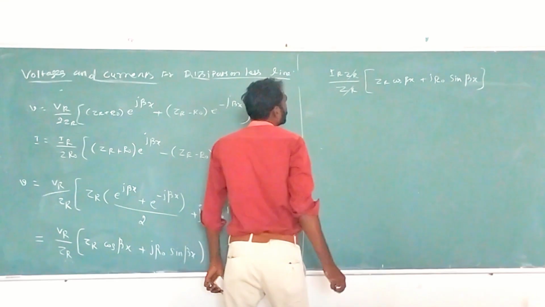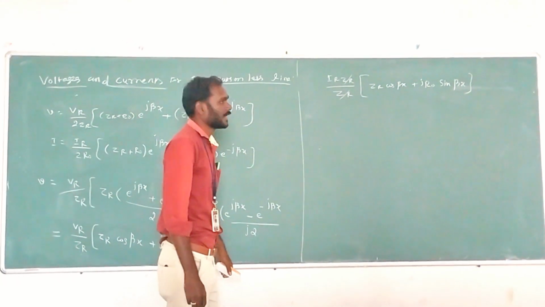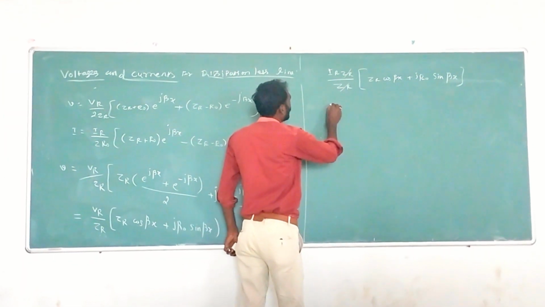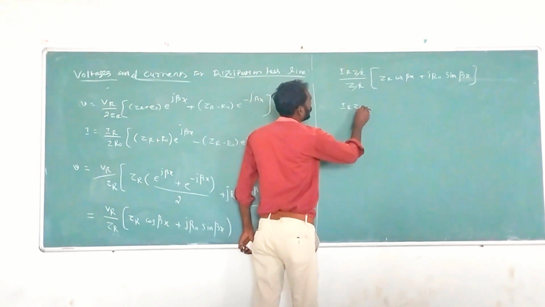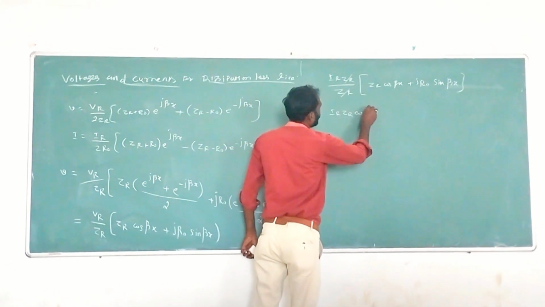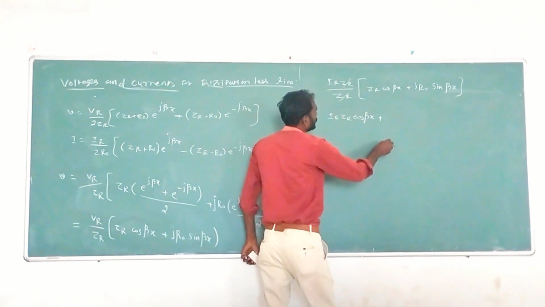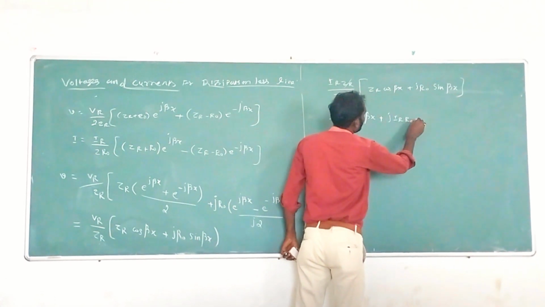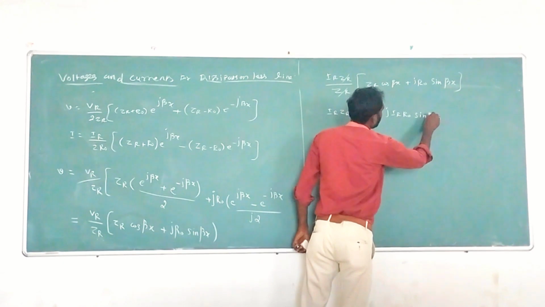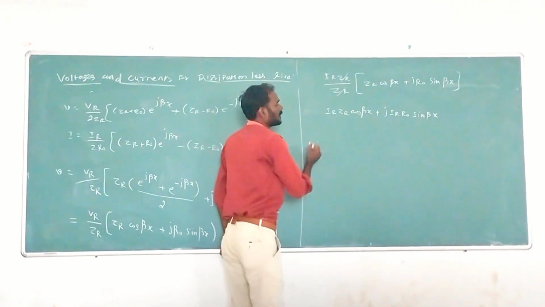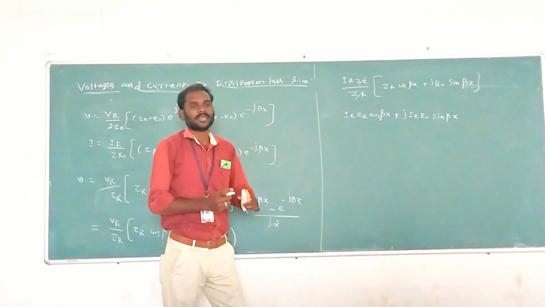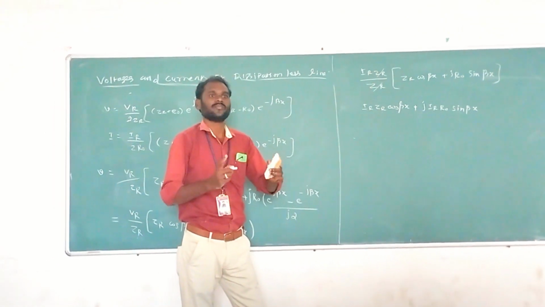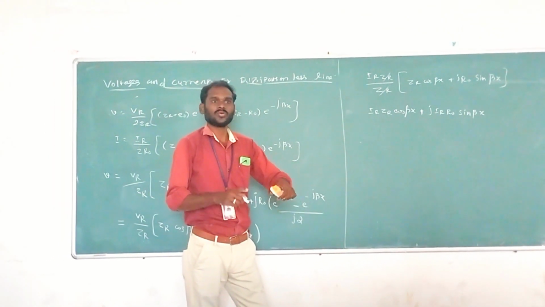ZR cancels, so IR into ZR cos beta x plus j IR R naught sin beta x. So IR into ZR we can simply write as VR, since V is equal to I into R.